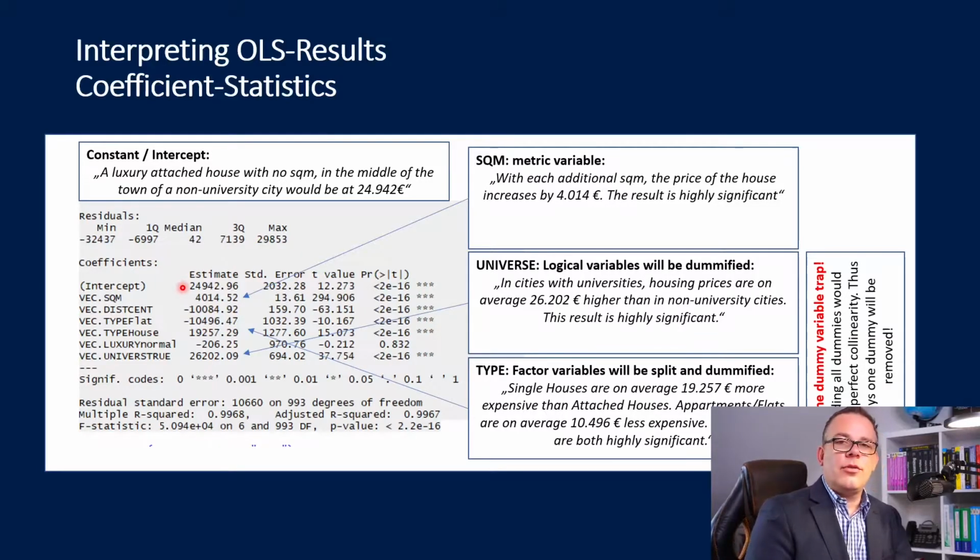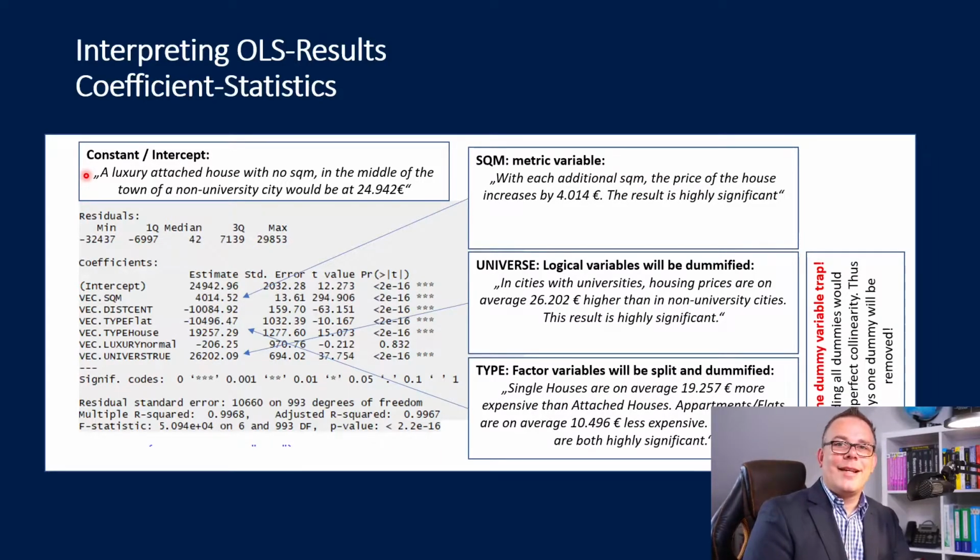It's a bit curious to interpret because it's an intercept or a constant. So let's try. A luxury attached house with no square meters at all in the middle of the town of a non-university city would be at 24,942.